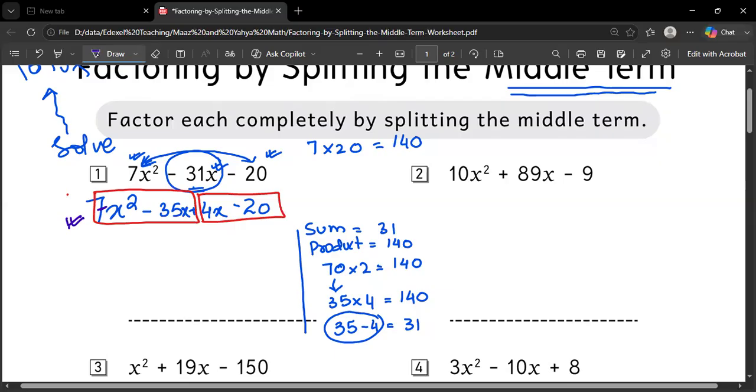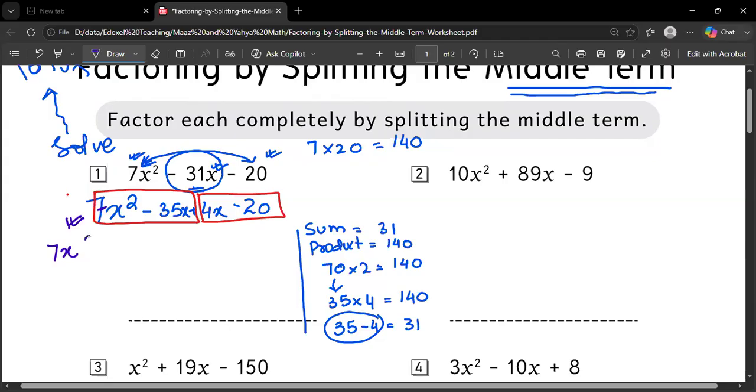Is there any other number as well? Can I take 7 common between 7 and 35? Yes. So I will write 7 here, and I will also write x here, because x is also common between 7x square and minus 35x. Therefore, I have taken x common as well.